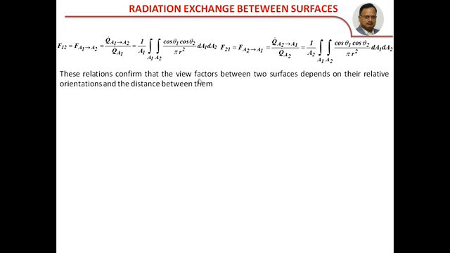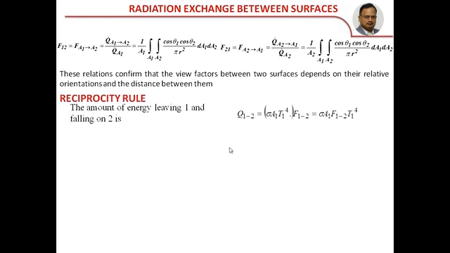These relations confirm that the view factor between two surfaces depends on their relative orientations and the distance between them. The relative orientations are through the angles θ1 and θ2, and the distance is r. So as the distance increases, the shape factor decreases.